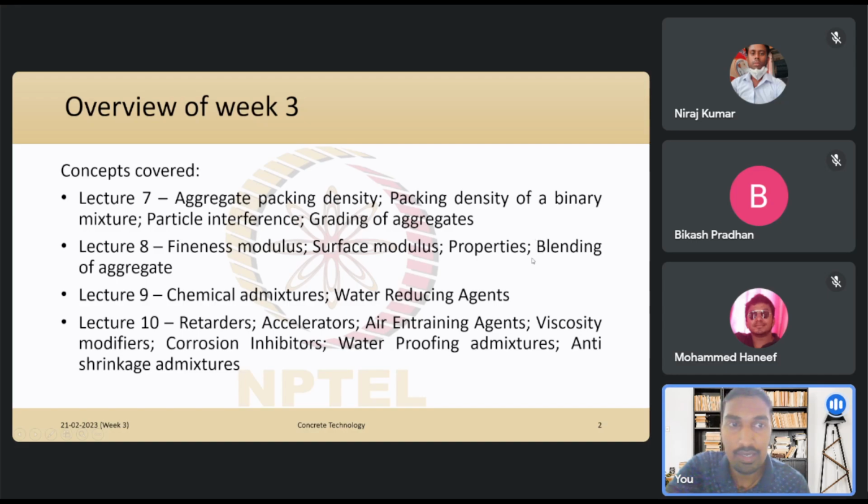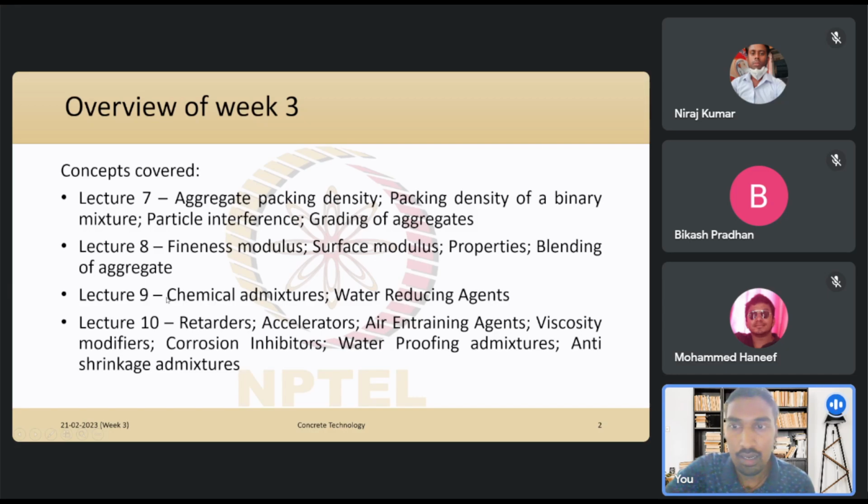And finally we looked at blending of aggregates, right? We generally have a desired mix or a desired grading that we want, but what we get will not have that desired grading. So we will have different gradings available to us. How do we blend those different mixes that are available to us to get the desired grading, right? That's what we looked at in lecture 8.